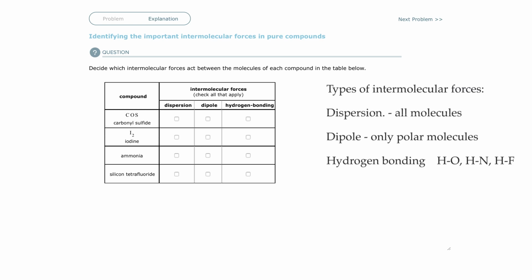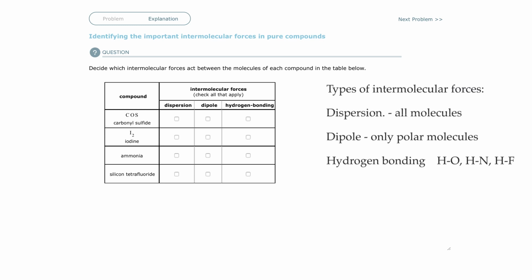And so intermolecular forces are very important when you want to describe a material. You want to say what its boiling point is, or whether it's a liquid at room temperature or whatever, a gas. So the three main types that we're going to look at today are dispersion forces.